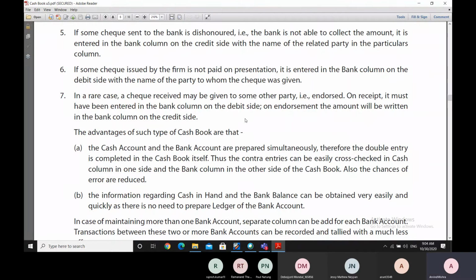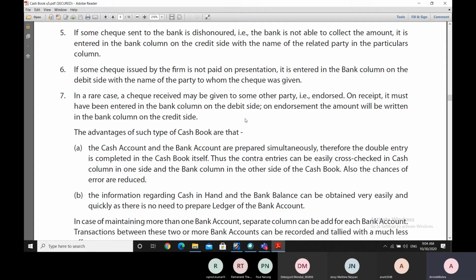And these contra entries can be easily cross-checked also, in the cash column on one side and the bank column on the other side of the cash book. So since these contra entries can always be checked, the chances of error will be reduced.